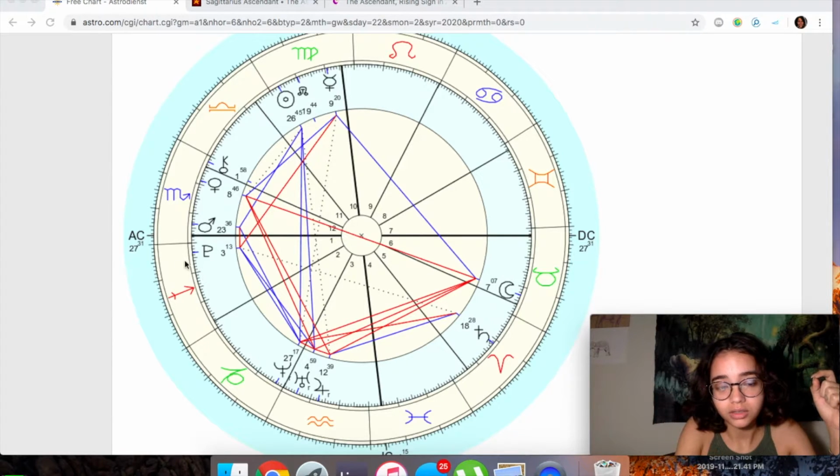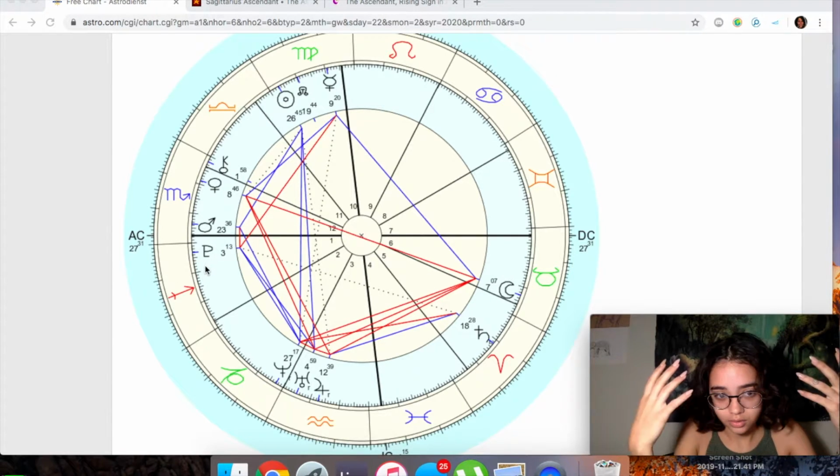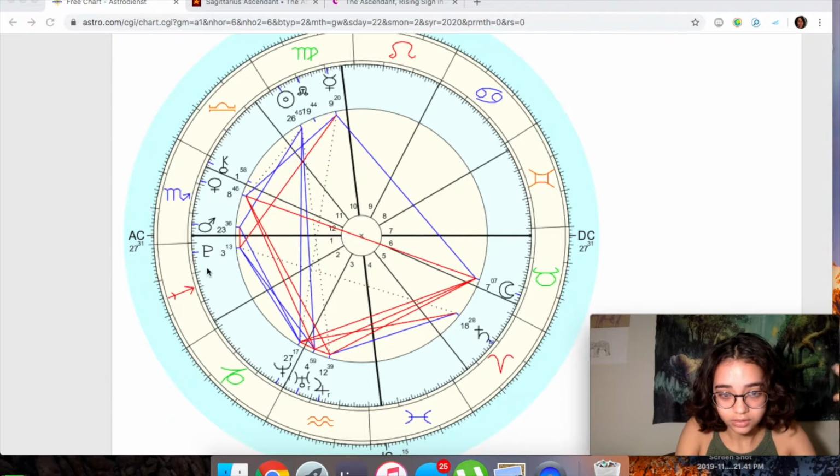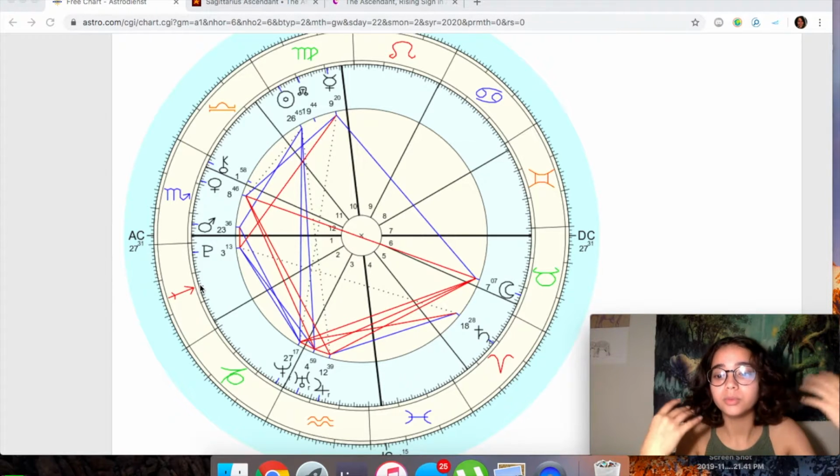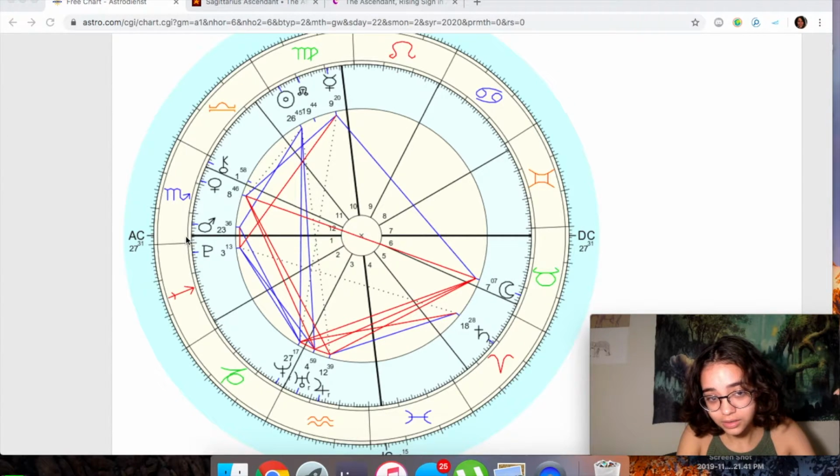So in this person's case, Pluto, which is the planet of death, rebirth, transformation, sudden events, darkness, is in the first house of how people see him. And his ascendant is literally pointing to Scorpio, which is correlated to Pluto because Pluto rules Scorpio.